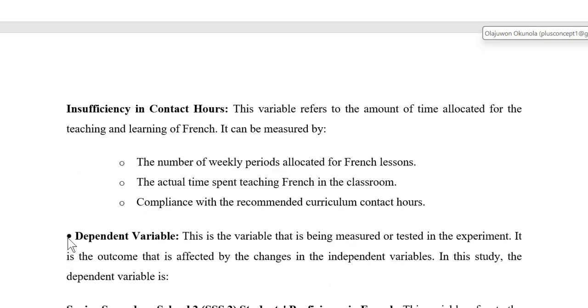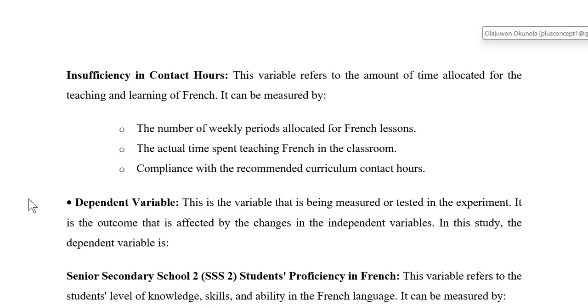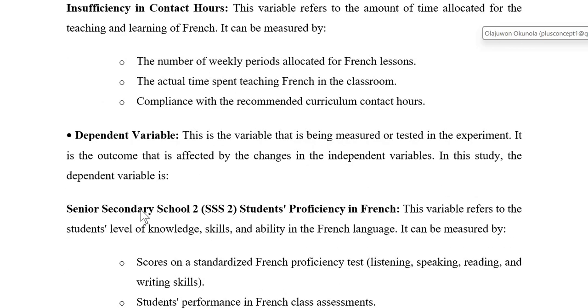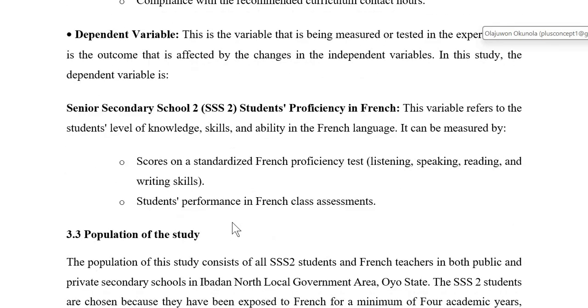But the dependent variable here is the variable that is influenced by the independent variables, such as senior secondary school two, that is SS2 student proficiency in French. So this variable refers to the student level of knowledge, skills, and ability in French. So this is telling us we have to state the dependent and independent variables in your study. Actually, like I said, this is not necessary, unless it is required by your supervisor.